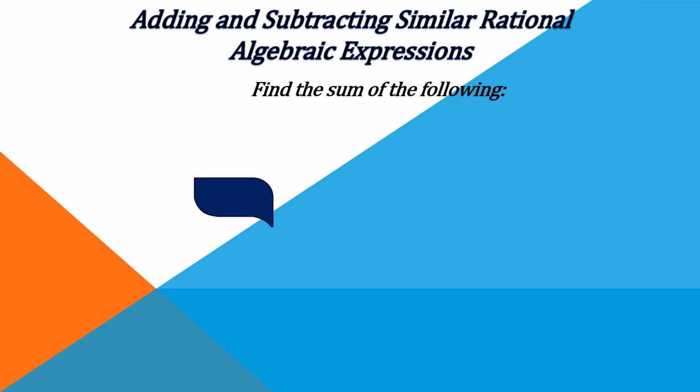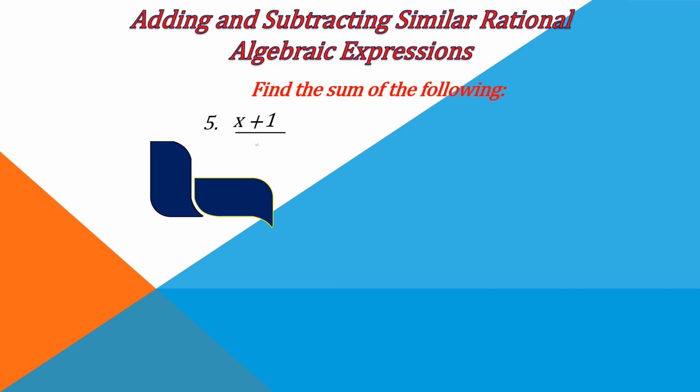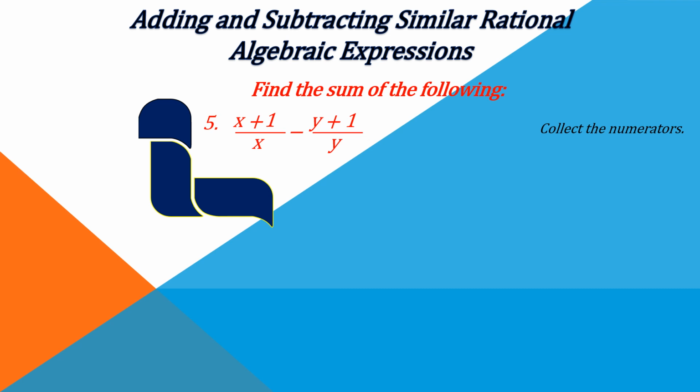Let's go to example number 5. x plus 1 over x minus y plus 1 over y. Now, in this example, we have two variables, x and y. So, if we have two variables, they are not similar rational algebraic expressions. First thing to do is collect denominators.